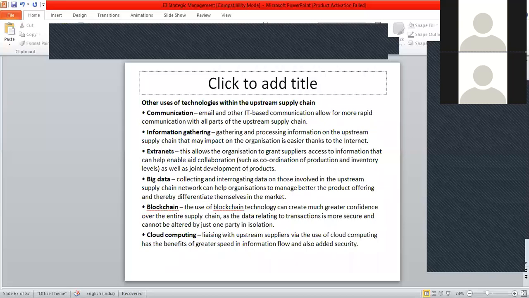Intranet is internal, when computers are connected one with another, and when they also allow the external stakeholders to get connected, then we call that an extranet, right? The external stakeholders here are suppliers.